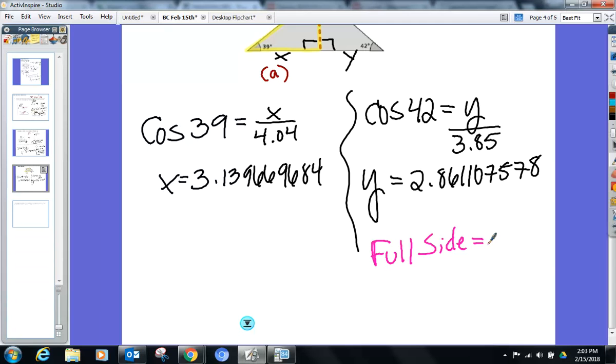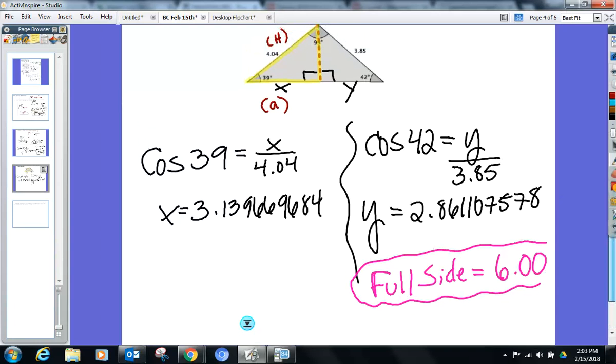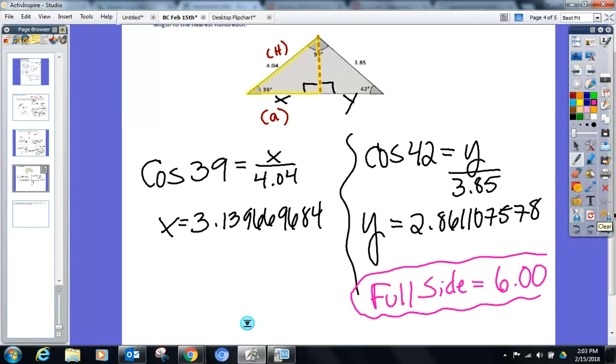Full side. Point. Hundredth, so 0.00. Ask away here. Anything? Yep. Yeah, that's fine. Anything else? Because I do want to get through this next one.